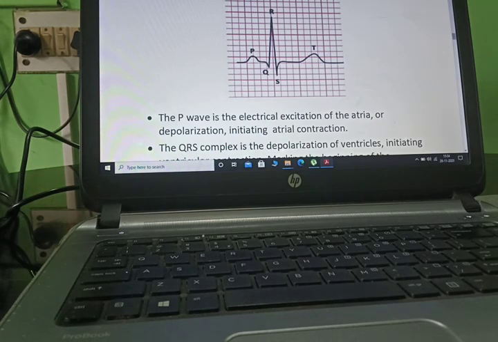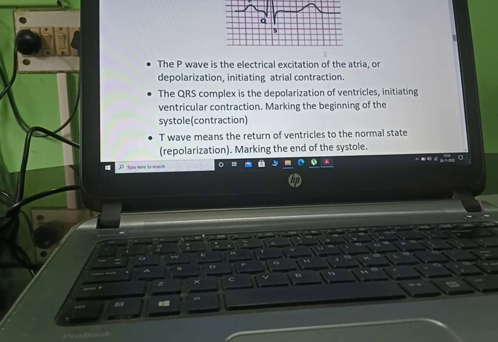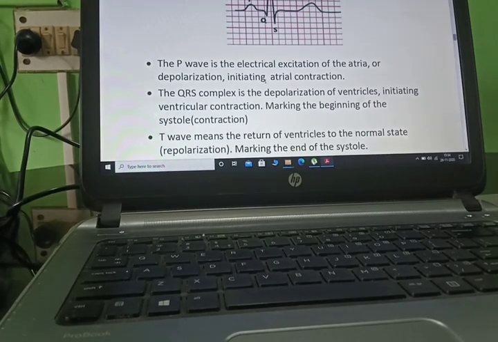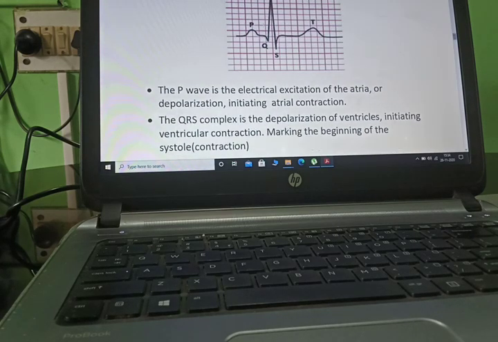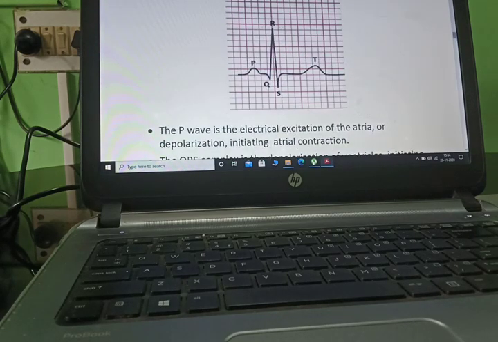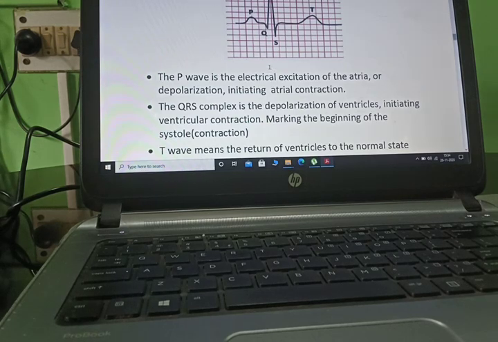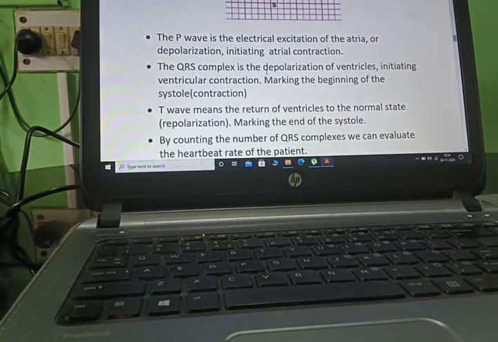Now here we will study how it works. The P wave is the electrical excitation of the atria or auricle, or depolarization, initiating auricle contraction. P is showing electrical contraction. You can see this is the QRS. So the QRS is the depolarization of the ventricle initiating ventricular contraction, marking the beginning of the systole, that is contraction.